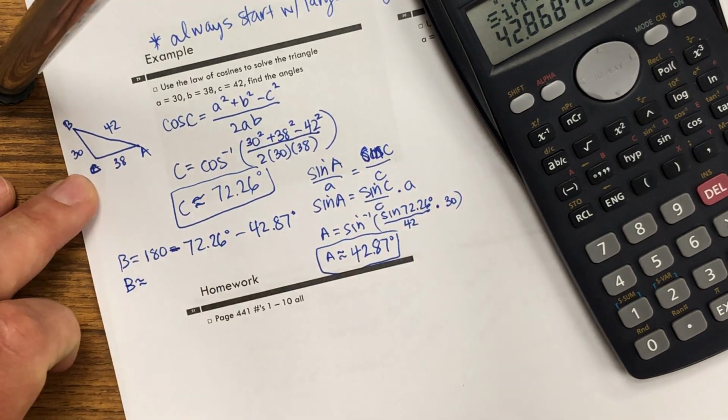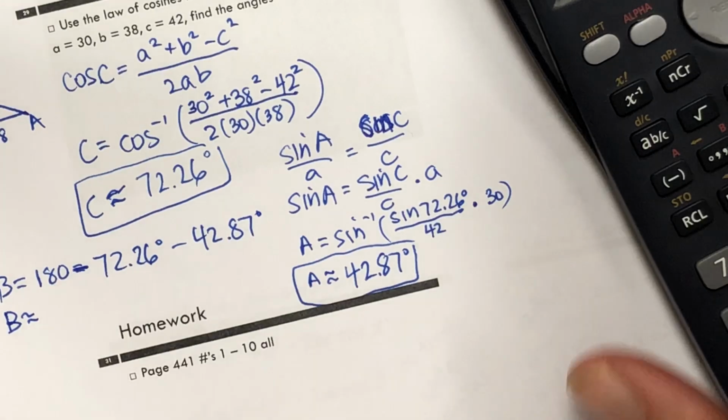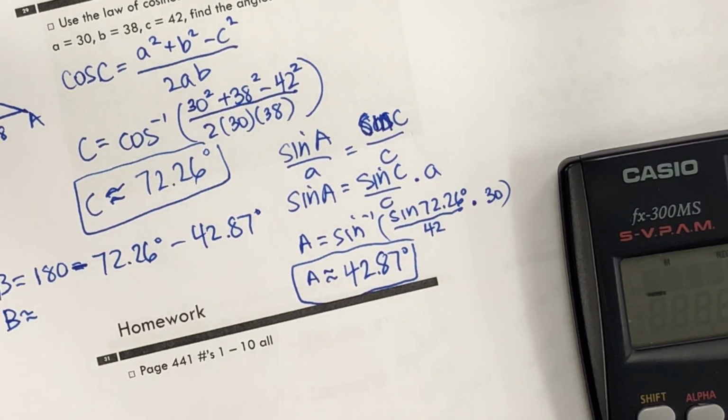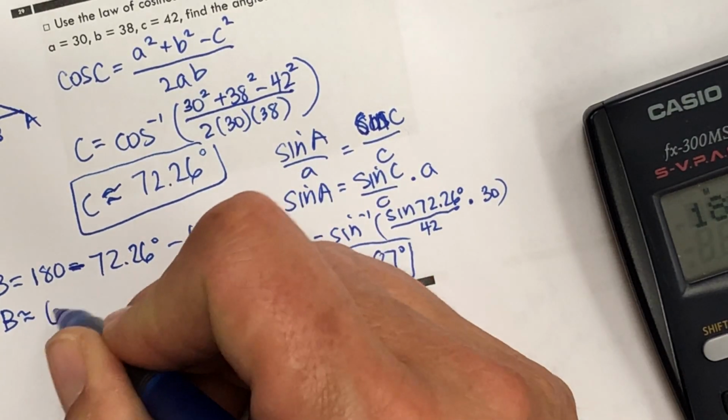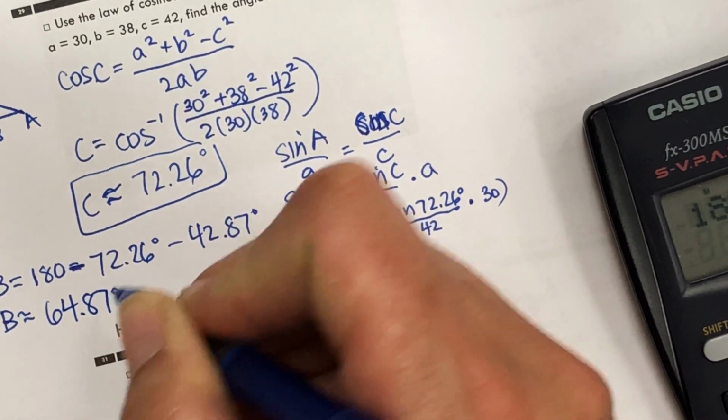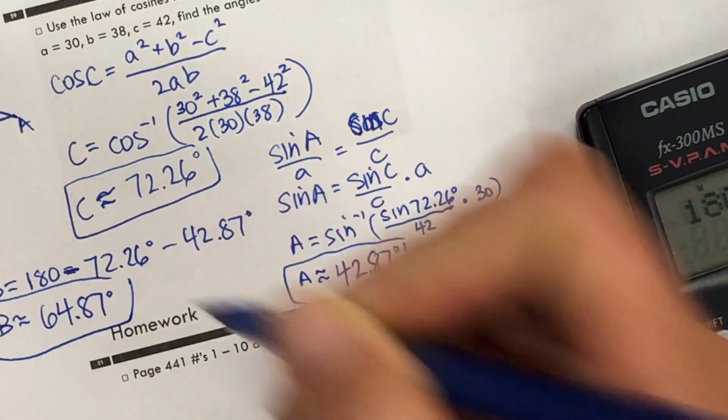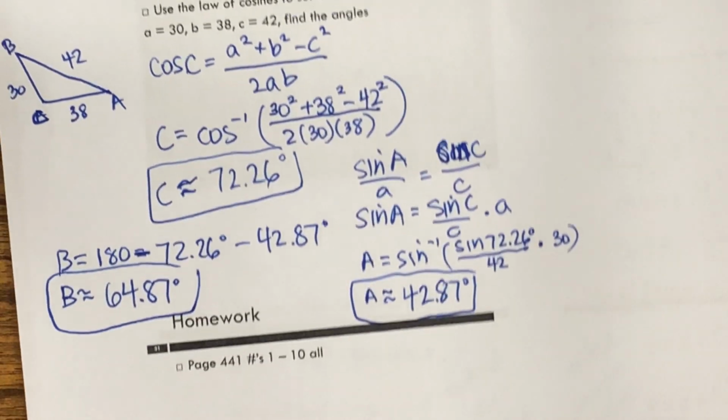B is approximately what? And it is an approximation because we're using approximated values for it. There she is.